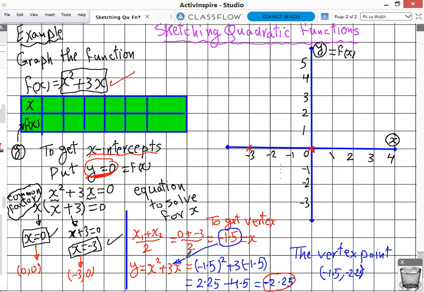Just substitute negative 1.5 in the function to get the value of y. It will be negative 2.25.